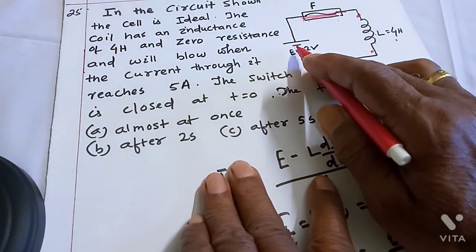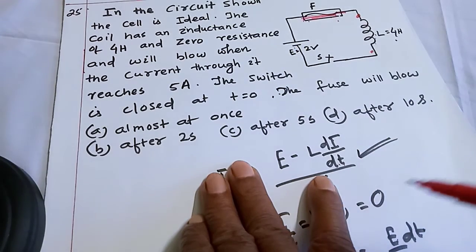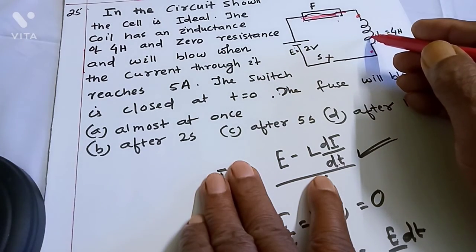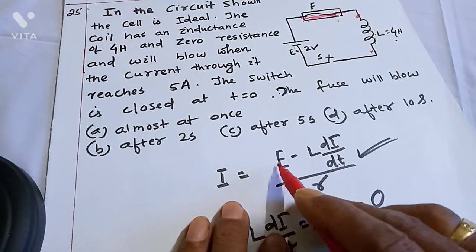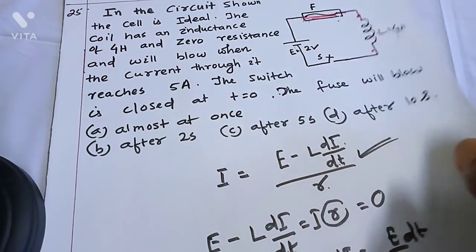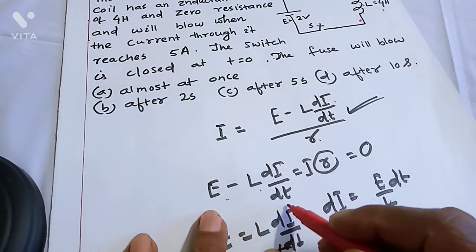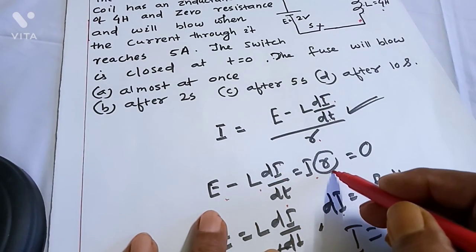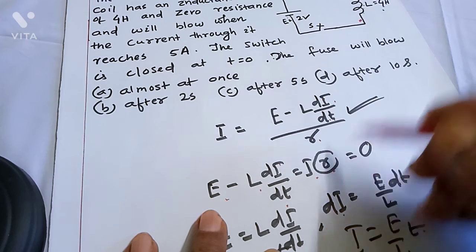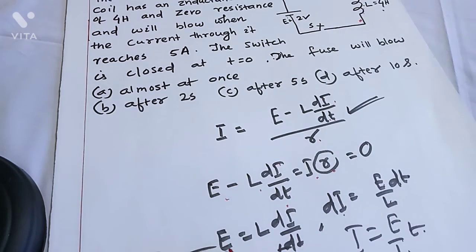And the applied EMF, the source of EMF, has no internal resistance. Now what happens? The current I in the circuit is equal to net EMF by resistance, and E minus L di by dt equals I into R. Since R equals 0, that is, the resistance associated with the inductor is 0, E equals L di by dt.